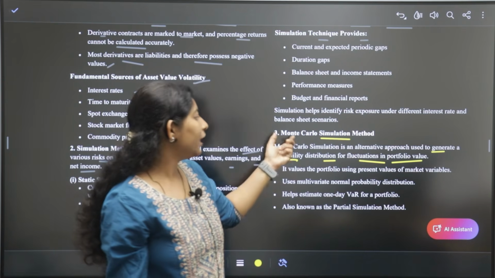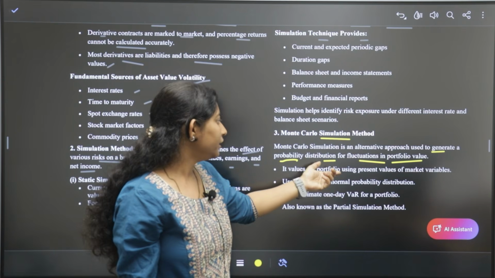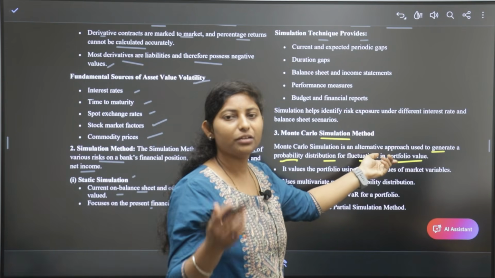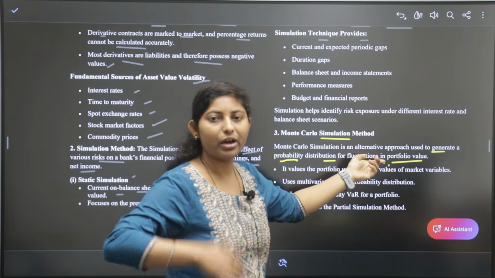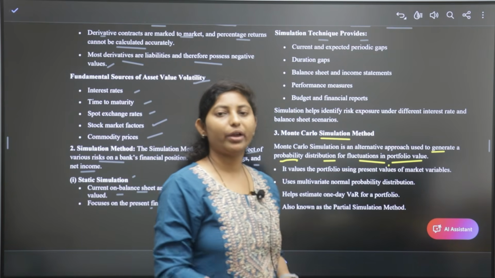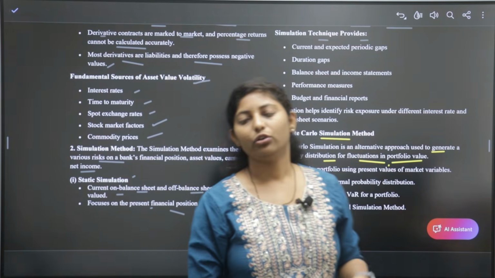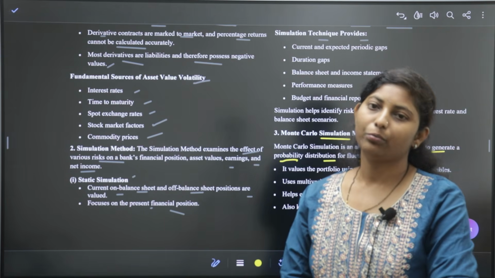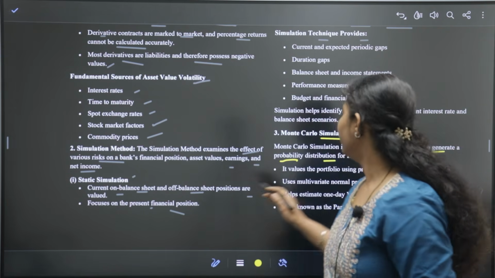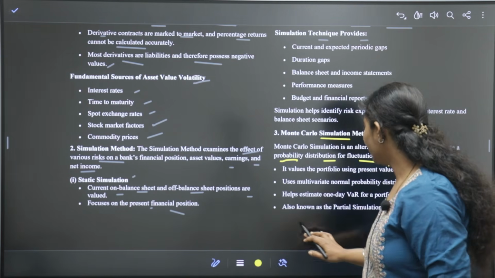This method will help you know the probability distribution of fluctuations in your portfolio values, how much your portfolio value increased or decreased. With the help of this Monte Carlo method we will come to know.